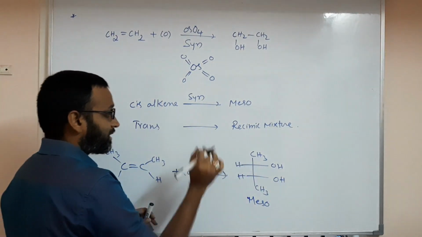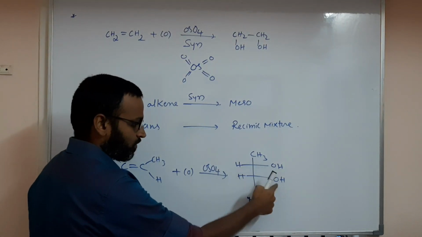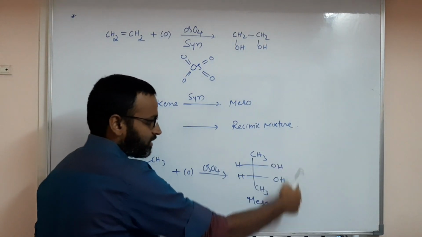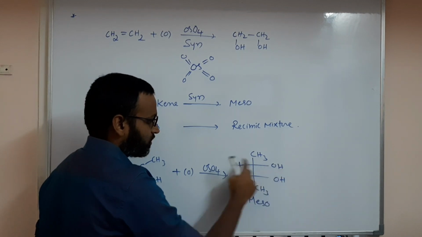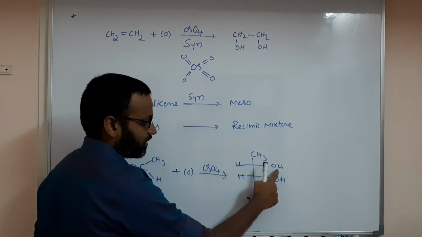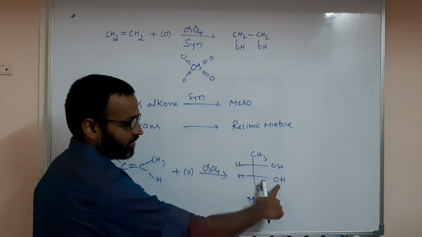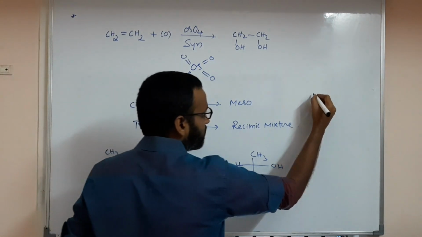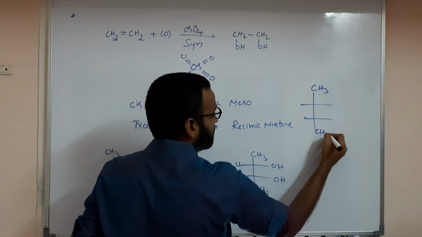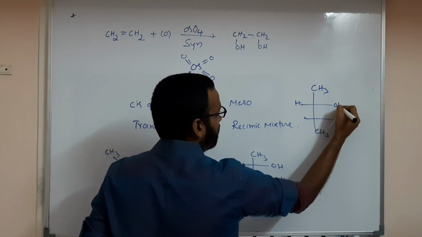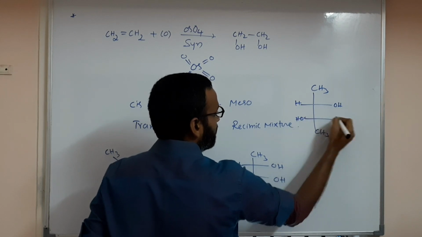Understanding, everyone? How is the racemic mixture formed? Suppose one OH is here; in the mirror image you write the opposite. See, CH3 and CH3, H here, OH here, OH here, H here.